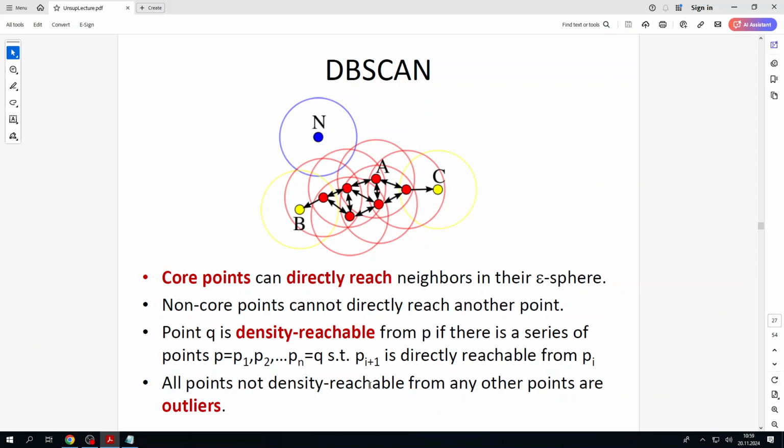Now, then we can say that a point is density reachable, not really directly reachable from a specific point P, if they chain. So, for example, we can say that this point here is density reachable from this point, even though they are not within the same range epsilon.